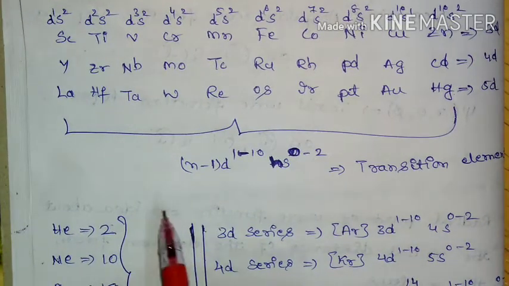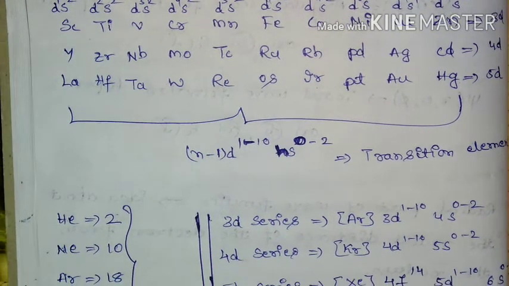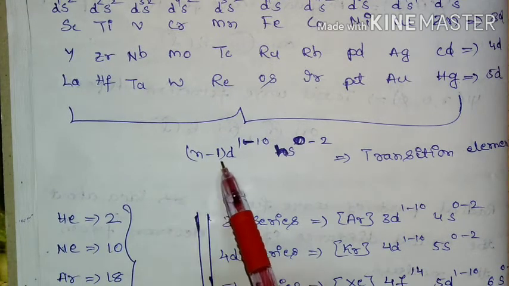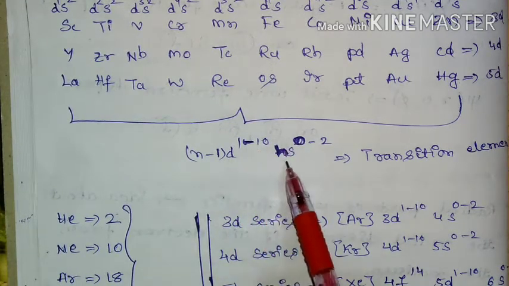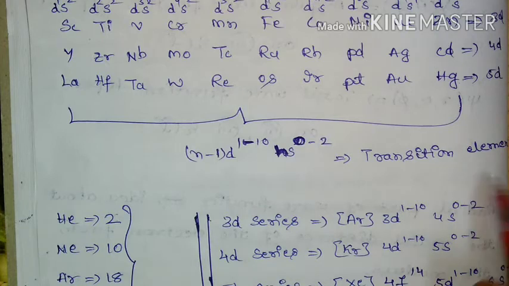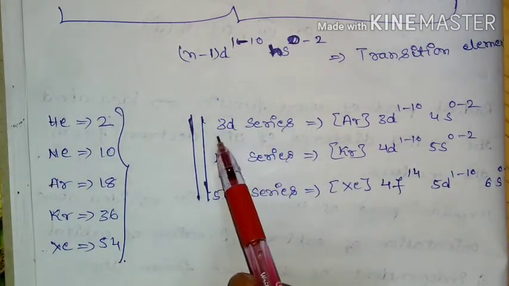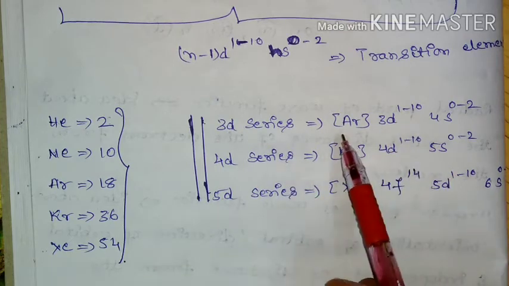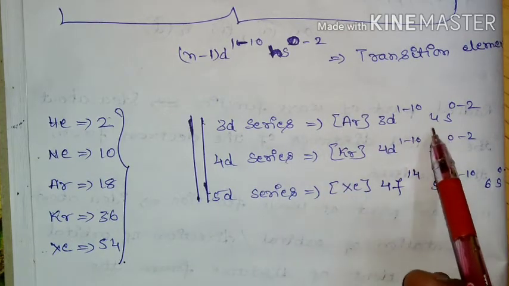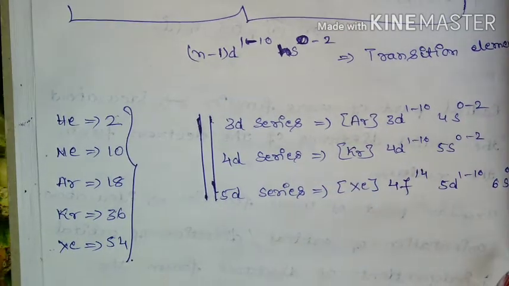And the general electronic configuration for d block element is (n-1)d 1 to 10 ns 0 to 2. So that is for transition elements. Come for 3d series, the electronic configuration we can write is argon 3d 1 to 10 4s 0 to 2.